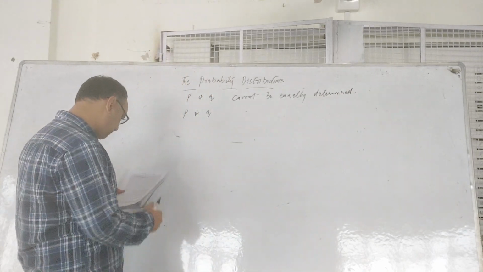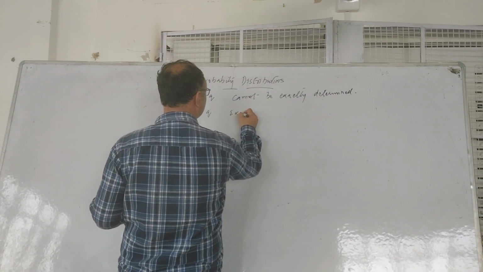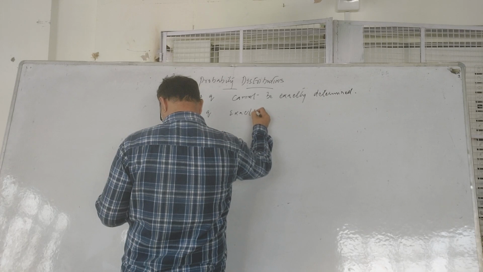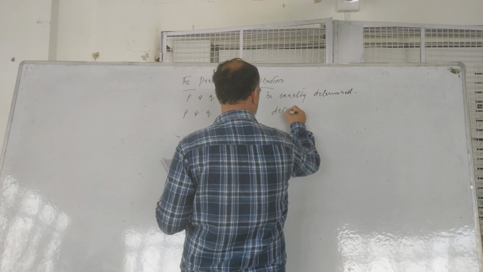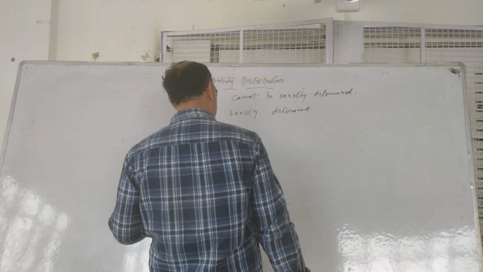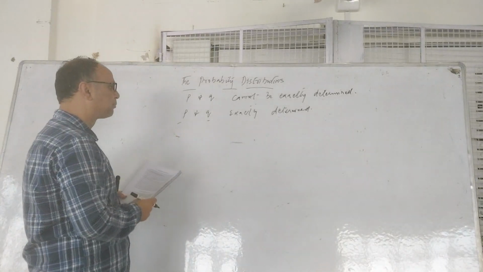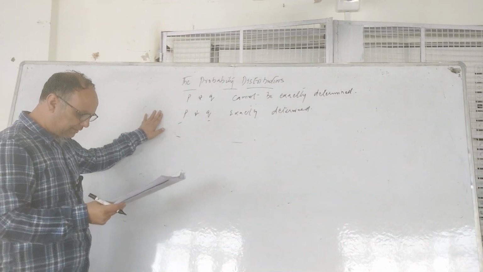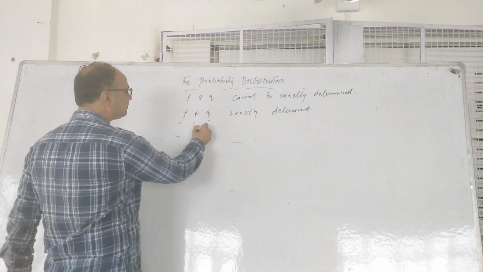So if P and Q cannot be exactly determined in quantum mechanical language, then we must replace these strict statements with probability statements.